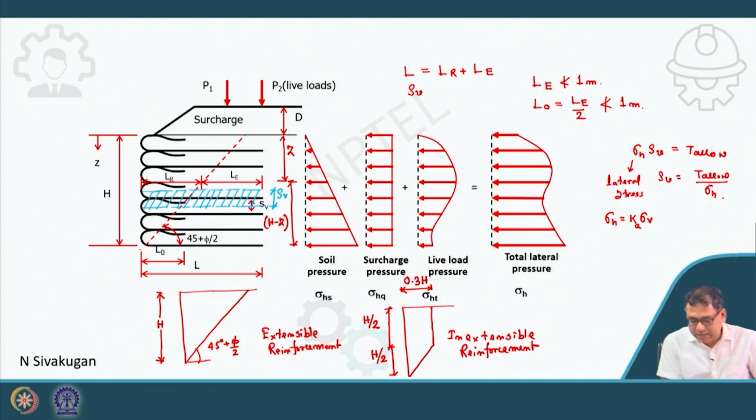This height is H minus Z. So, LR is simply H minus Z into tan of 45 degree minus phi by 2, where H is at any depth, from the top of the reinforced wall.